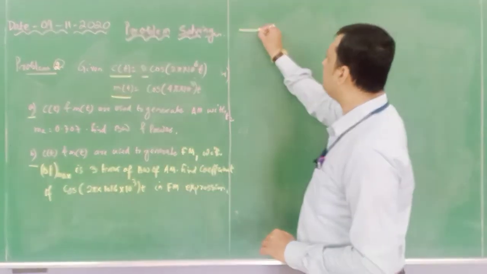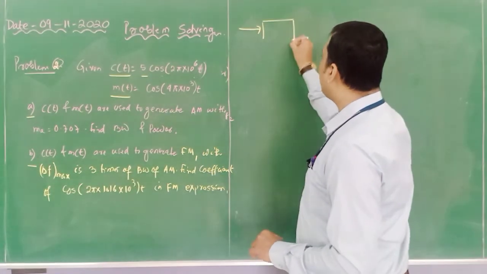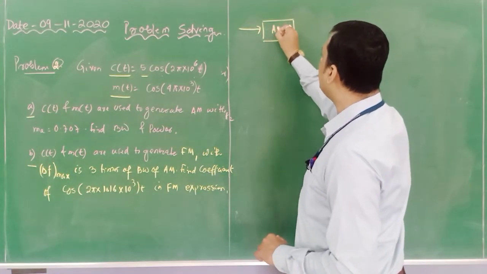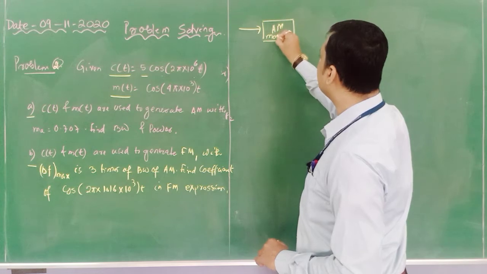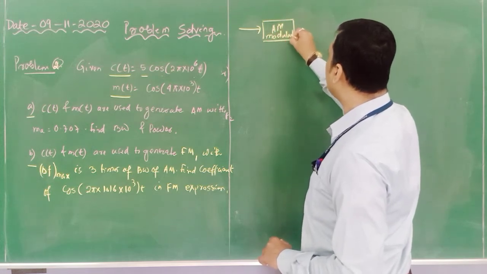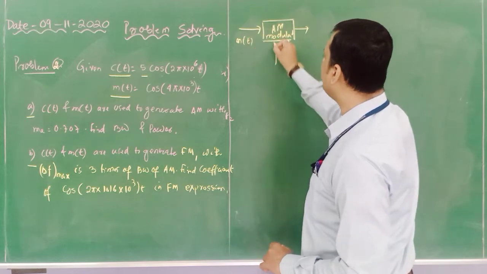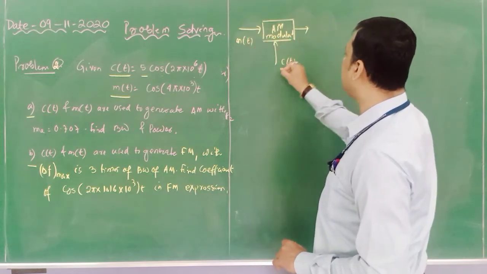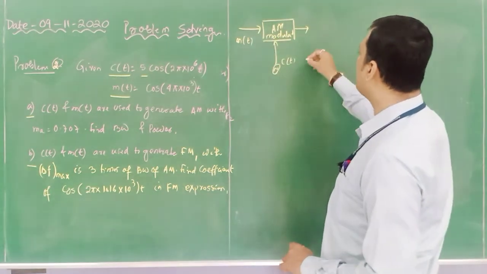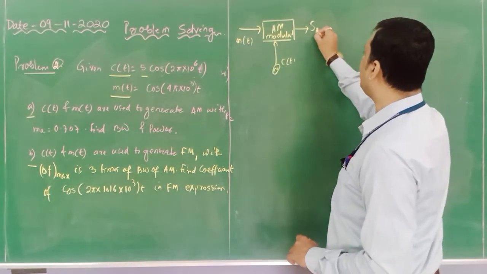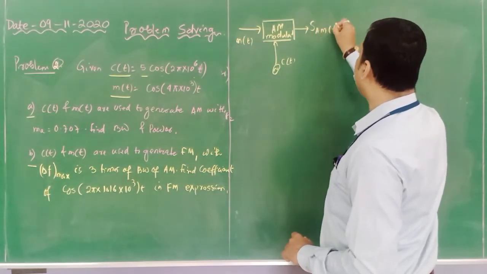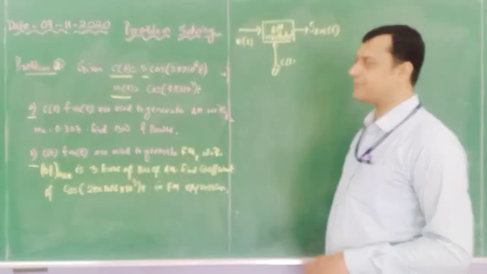So first, I will analyze the AM modulator. Here m of t and the carrier component c of t are given from the local oscillator, and I am getting s suffix AM of t.